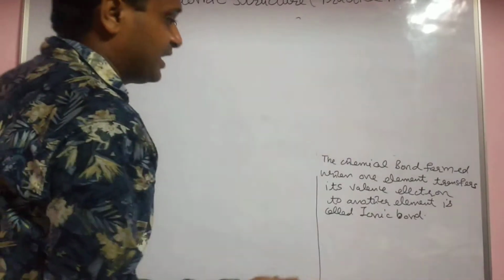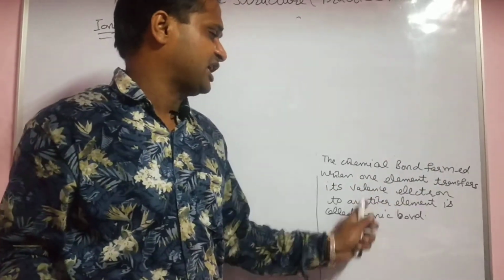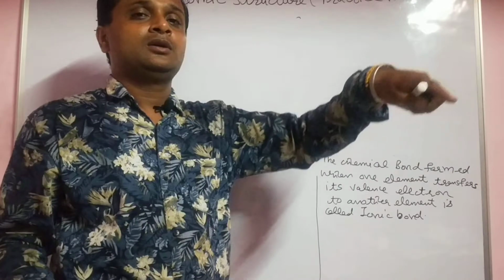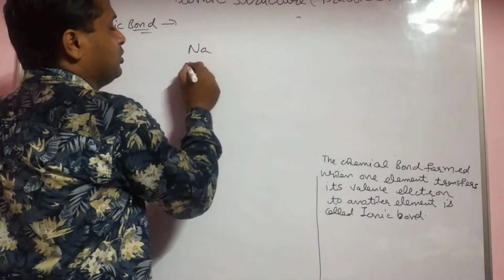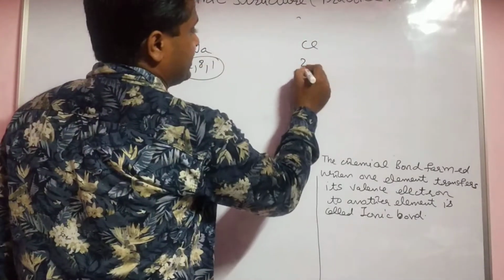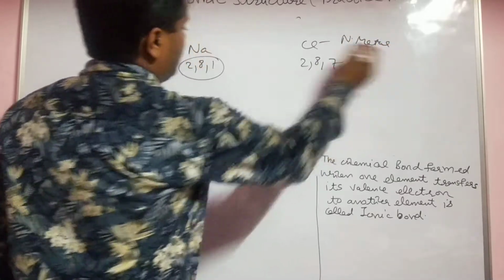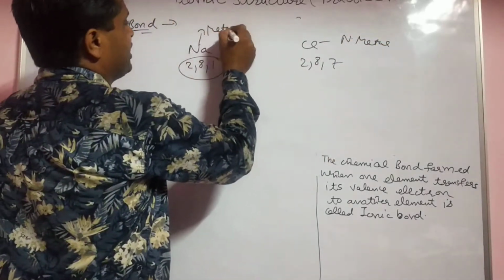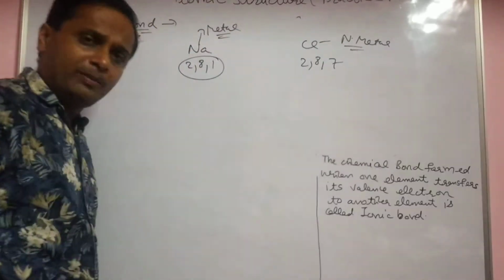Ions form a chemical bond when one element transfers its valence electron to another. For example, sodium has the configuration 2,8,1 and chlorine 2,8,7. Chlorine is a non-metal and sodium is a metal. Keep in mind, an ionic bond is always formed between a metal and a non-metal.